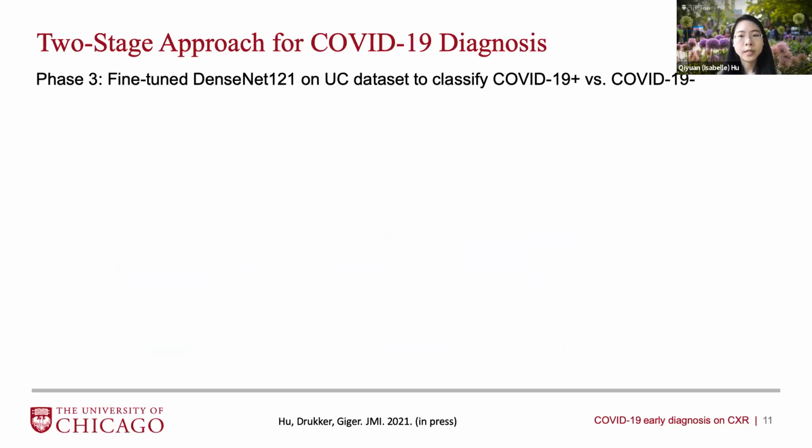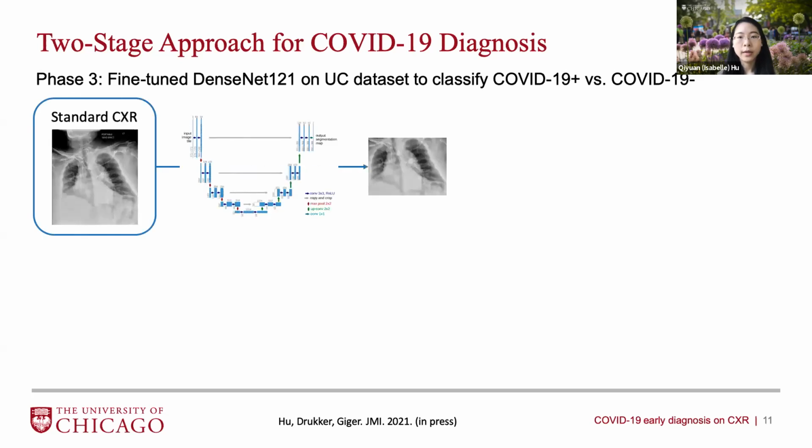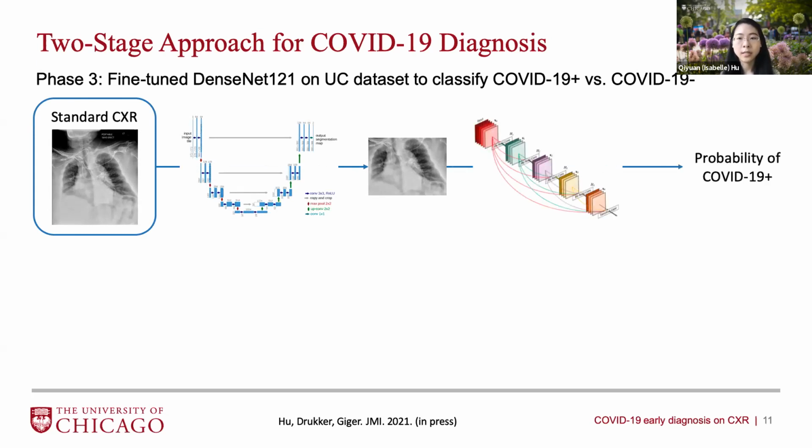So in phase 3 on the COVID-19 diagnosis task, we took a two-stage approach. First, we performed lung segmentation using a U-Net-based model to get a cropped image that only contained the lung region on CXR, which was then used in the classification step.